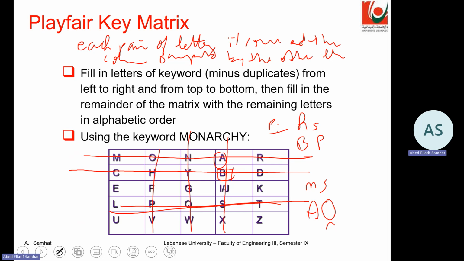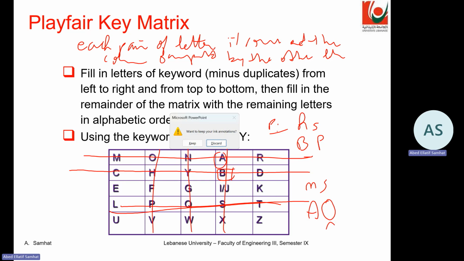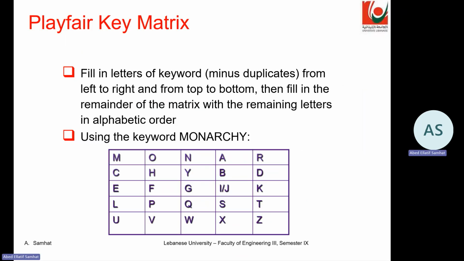So we have some special cases where the plain text letters are the same. For example, let's take that example. We have two letters together, for example, balloon.